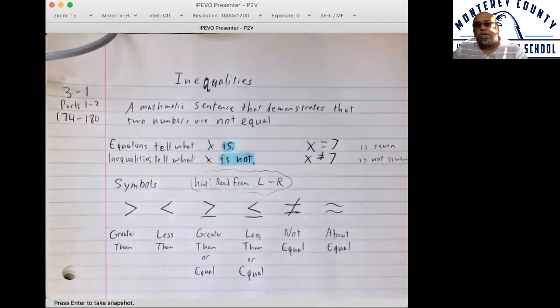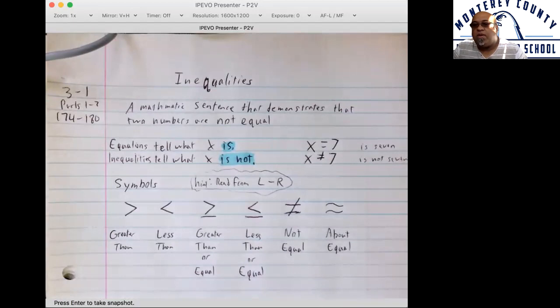Now, why learn about inequalities? There are situations when you do have numbers that need to be compared to each other. Now, I know we did a lot of comparison with ratios of numbers, comparing them with division.